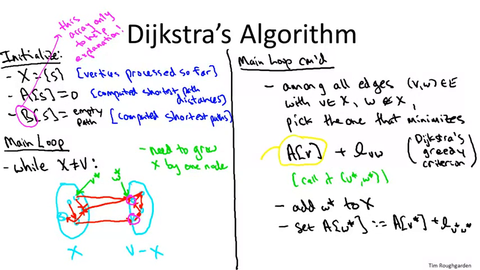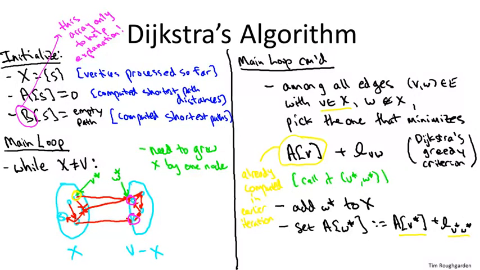Now, a key point is to realize that this code does make sense, by which I mean, if you think about this quantity A of V star, this has been previously computed. That's because an invariant of this algorithm is we've always computed shortest path distances to everything that's in capital X, and V star was a member of capital X. We had already computed its shortest path distance, so we can just look up the V star entry in the array A. So over in our picture on the left, we would just say, well, what did we compute the shortest path distance to V star previously?